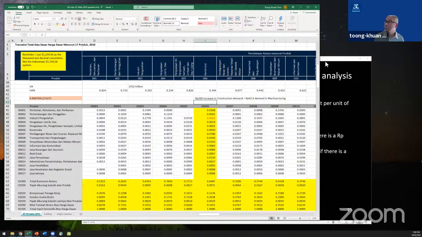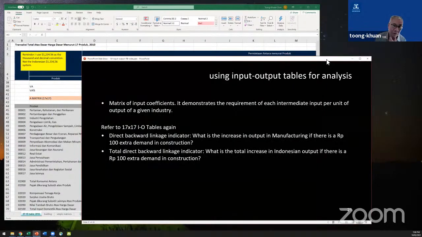Okay, so that's what those direct coefficients tell you. Now there is this total direct backward linkage indicator. What is the total increase in Indonesian output if there is a 100 rupiah extra demand in construction?